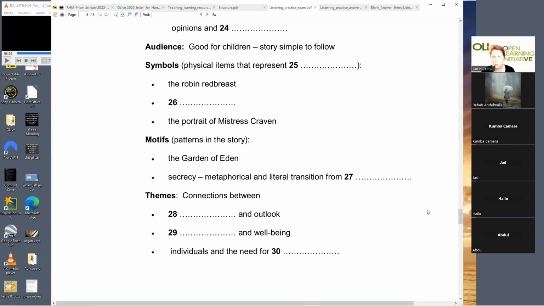Okay, so we're looking at the connections. So it was their health and their outlook and something and their well-being. And then he talked about them being in a dark room and unwell, and being in the garden and blossoming.